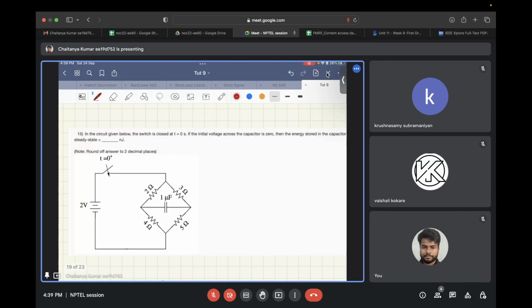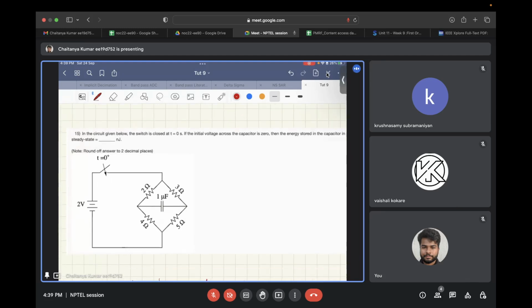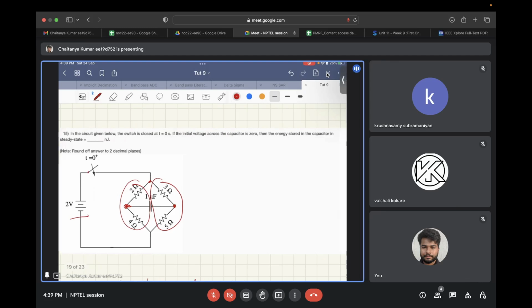Now in this question, you have four resistors connected. There are two resistors in series, and two resistors in series. These two have a parallel combination, and a capacitor between these two nodes has been connected, and this complete network at t equal to 0 is connected to a 2 volt battery.